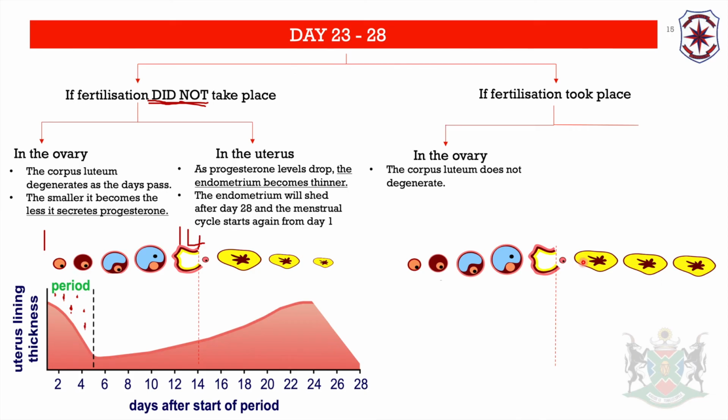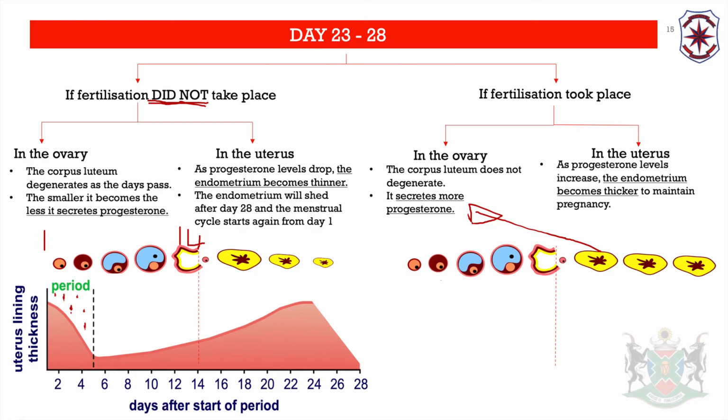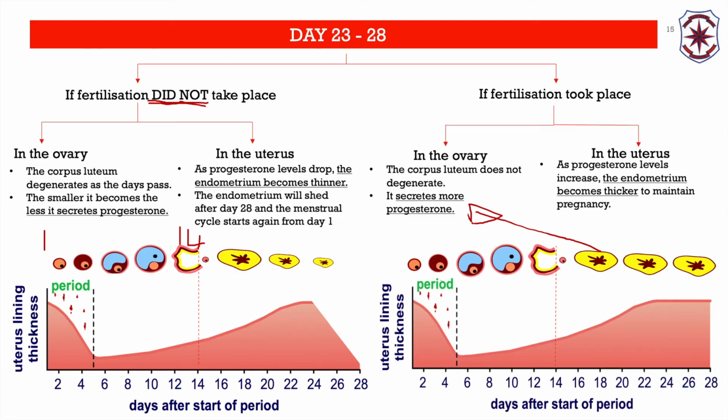And then if it does not degenerate, it will secrete more progesterone. And remember, what does progesterone do? Progesterone further thickens the endometrium. So, as progesterone levels increase, the endometrium becomes thicker to maintain pregnancy.